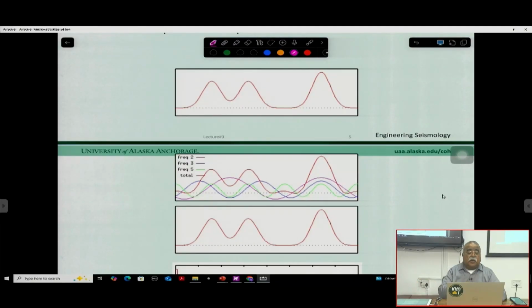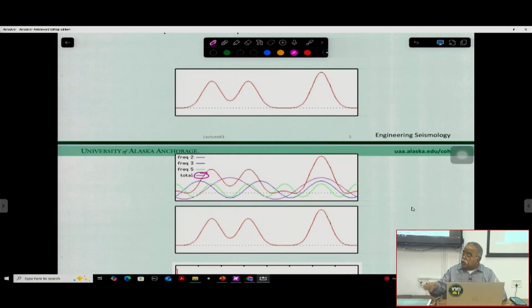Just like this one, say suppose there is a frequency 2, frequency 3, frequency 5. If you add them together, that will be the total function, which looks like this. But these functions all contain different frequencies, right?